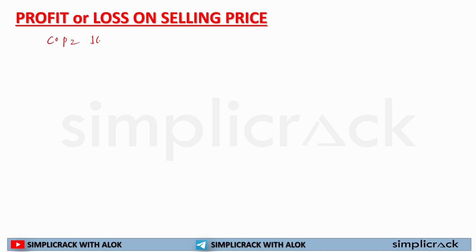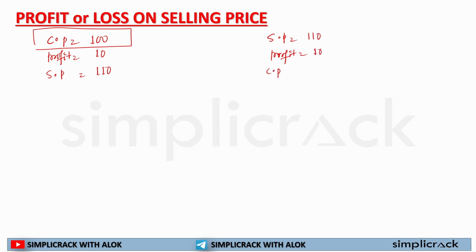If cost price is 100 and profit is 10, we used to write sales price 110. But if it is only written sales price is 110 and profit is 10 rupees, I can find out cost price is equal to 110 minus 10 is equal to 100, right? I used to find it this way.